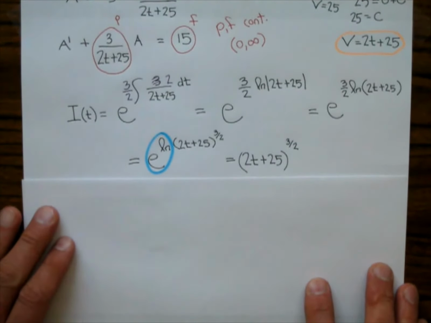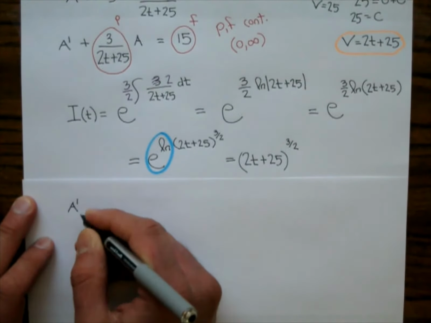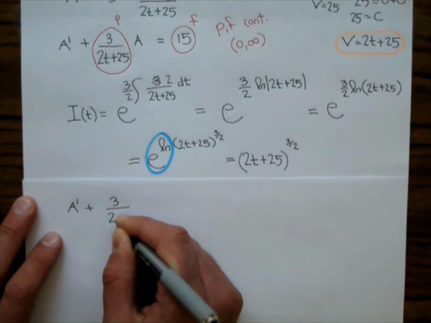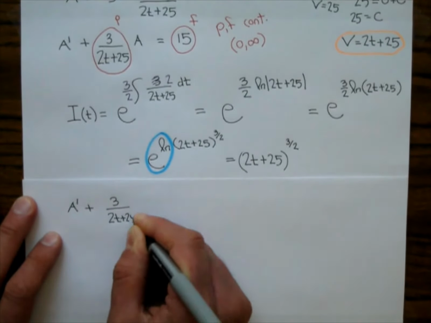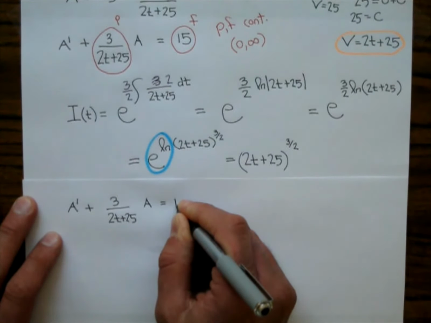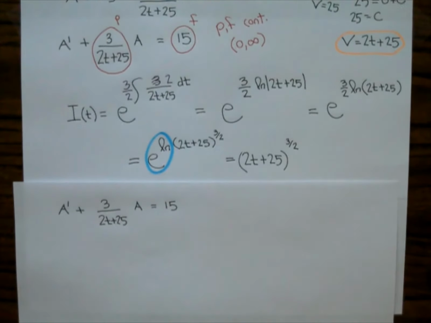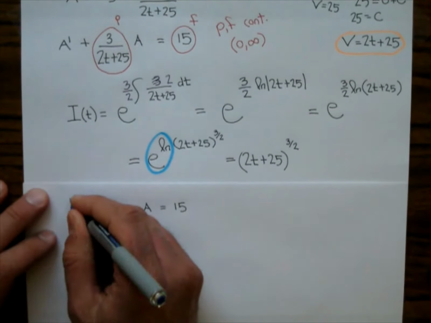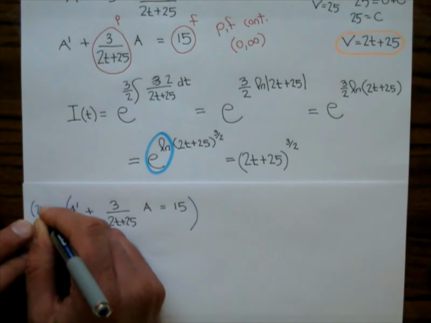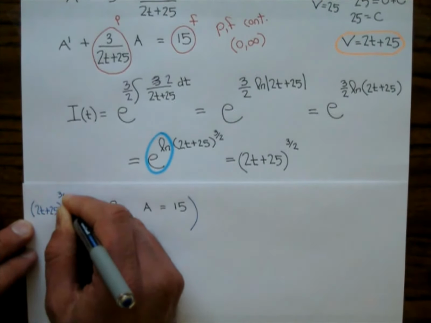Okay, so what am I going to do? Let's just recap what's happening here. We have this differential equation, A prime plus 3 over 2t plus 25 times A, equals 15. I'm going to multiply this differential equation by the integrating factor, 2t plus 25 raised to the 3/2 power.